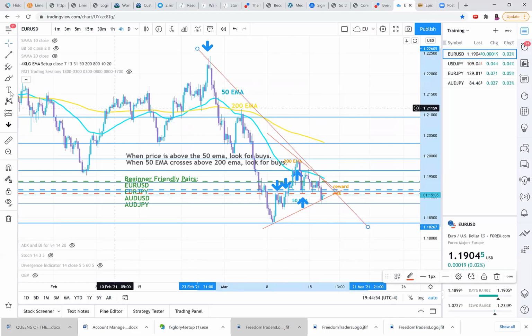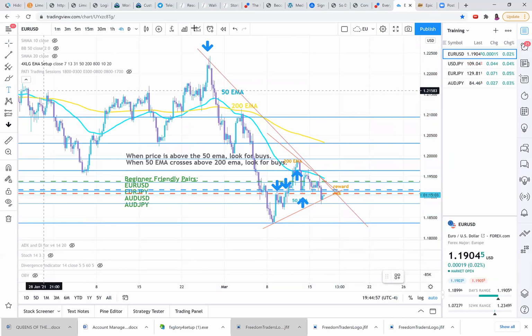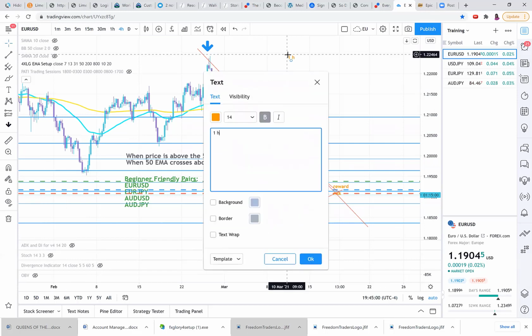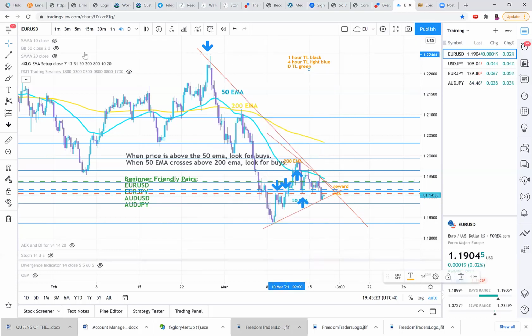I used to have a system where my 1-hour trend lines, and I'll do TL for trend line, were black, and my 4-hour trend lines were, I think, a light blue. And then I would do daily trend lines. They were green. The higher up you go, the more of the chart you can see, and you can make bigger trend lines.